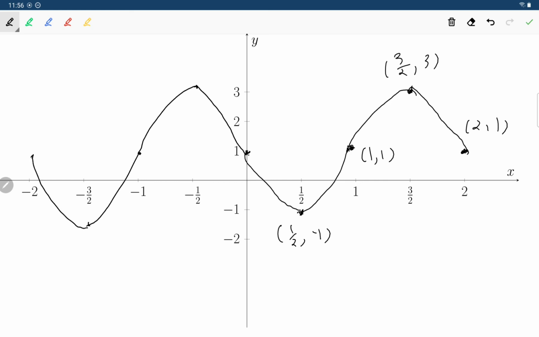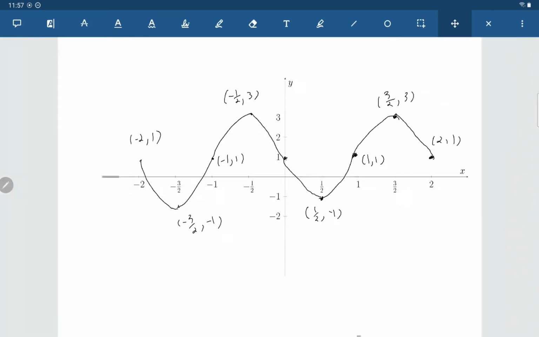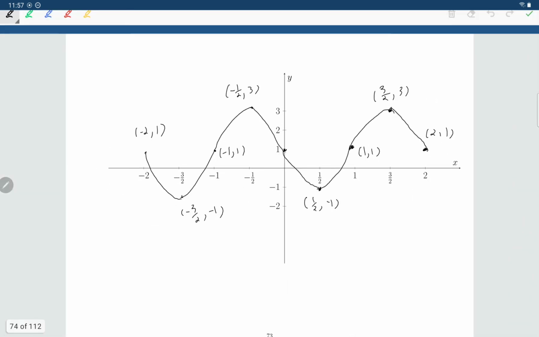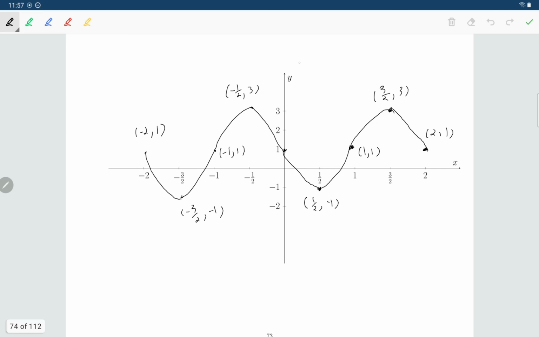And there's my second cycle. And I just need to label all of those points. And there we go. So I have my function graphed, and now I just need to label this. This is the graph of y equals 2 sine negative pi x plus 1.